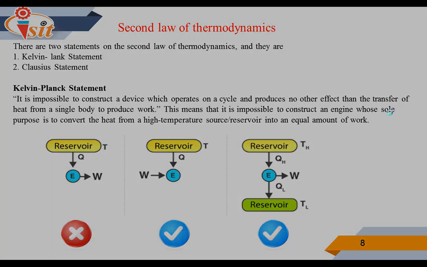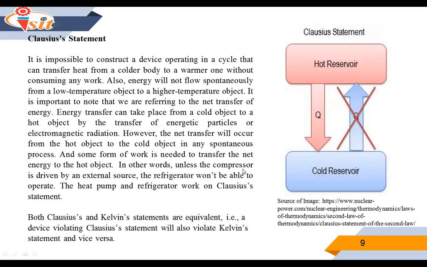Next is the Clausius statement. It says that it is impossible to construct a device operating in a cycle that can transport heat from a cooler body to a warmer one without consuming any work. Also, energy will not flow spontaneously from a low temperature object to a higher temperature object. It is important to note that we are referring to the net transfer of energy.